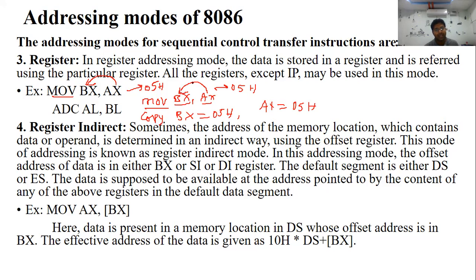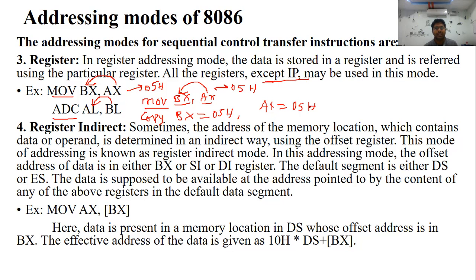See this arrow: whatever information is stored in the BL register is copied to the AL. What is ADC? ADC means addition with carry. For this format, you use all the registers except IP.